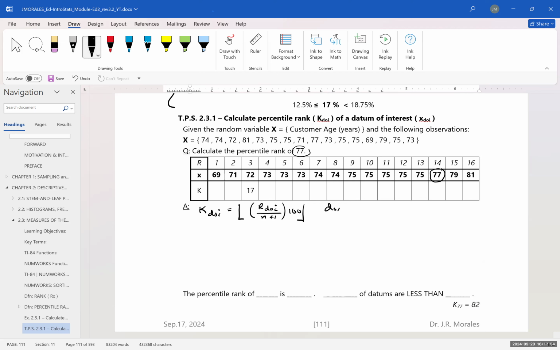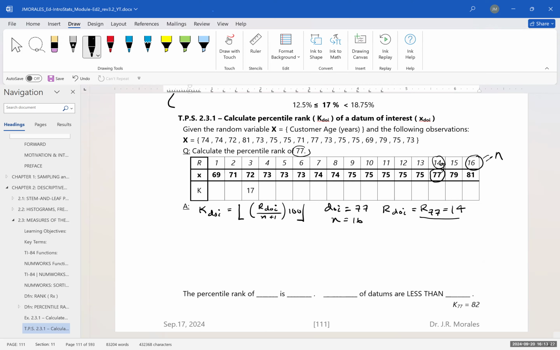Okay, our datum of interest, 77. So the rank of our datum of interest is going to be the rank of 77, and that's equal to 14. 14, I'm sorry, 14 is the rank of 77. All right, and our sample size is 16 because we've got 16 total datums in this data set.